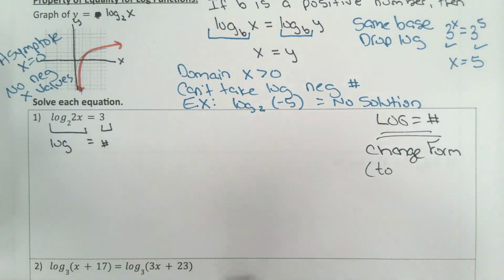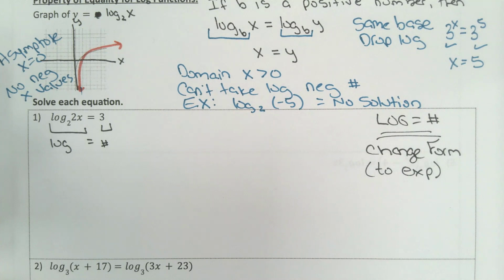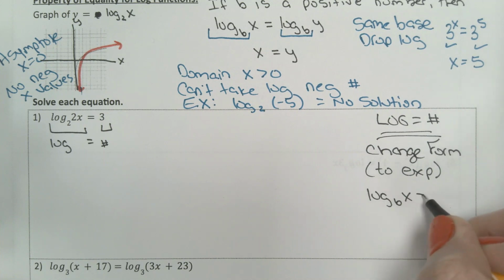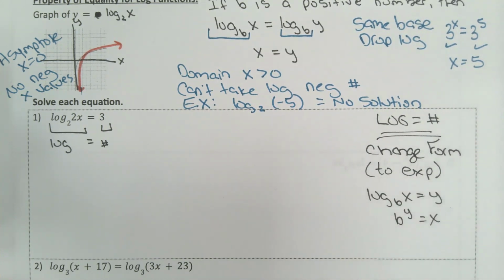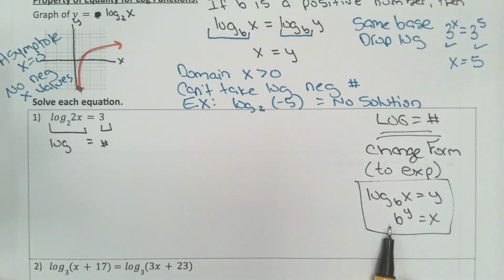It's in log form now, so therefore you're changing to exponential form. So I have log base b of x equals y, and the exponential is b to the y equals x.